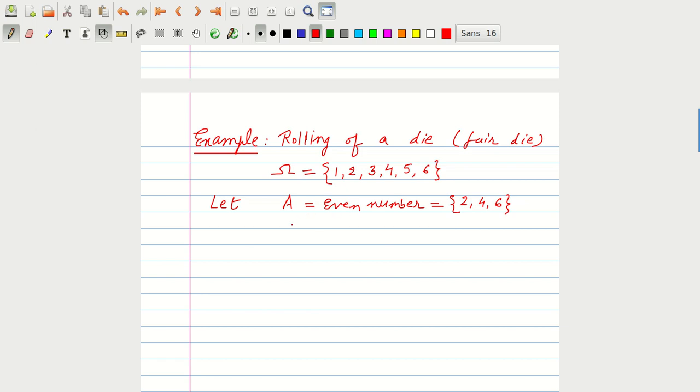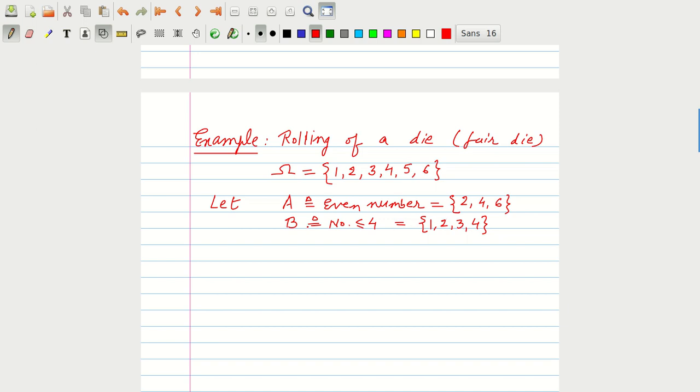And define event B as the number of dots which is less than or equal to 4. That means the corresponding event B will contain points 1, 2, 3 and 4.